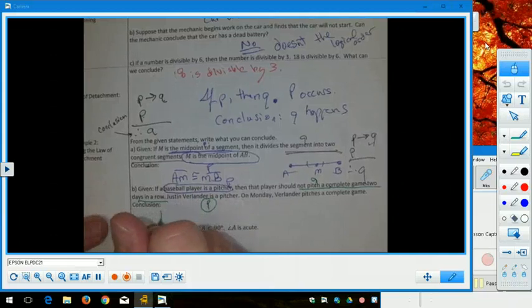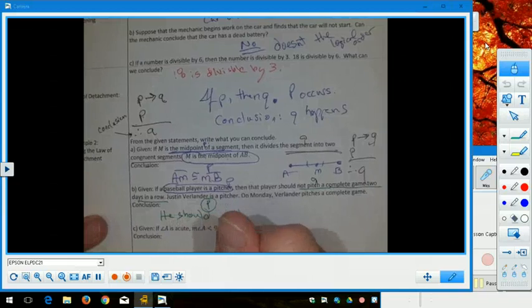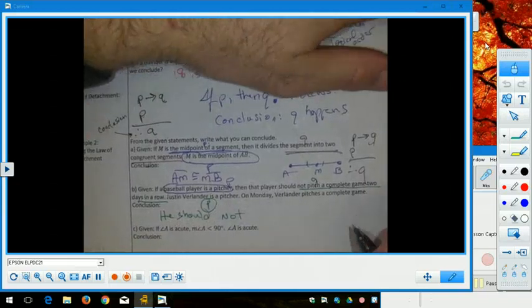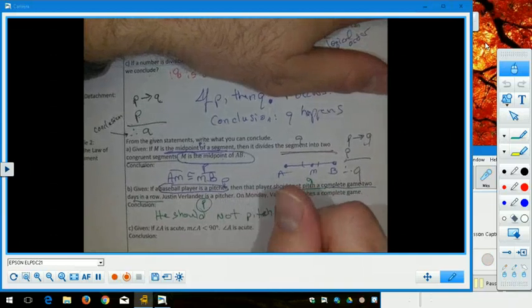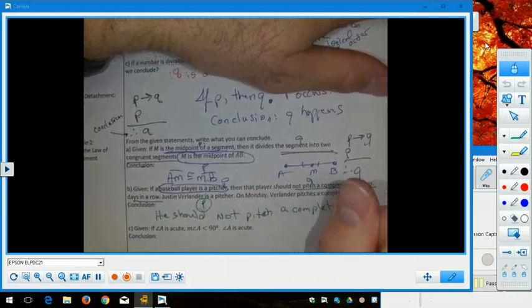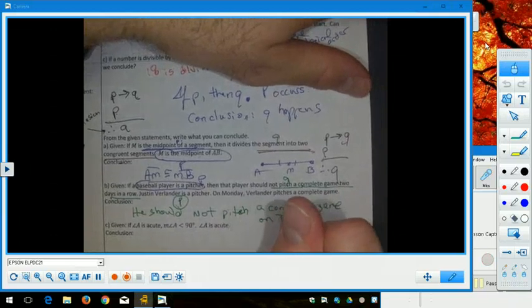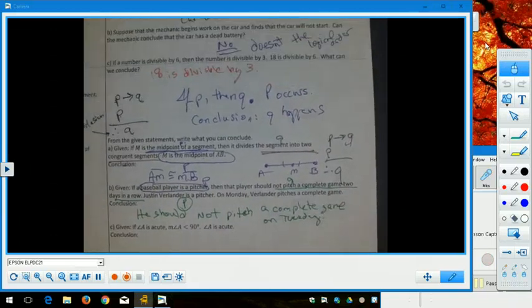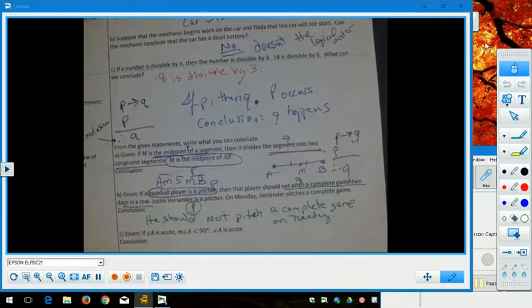Conclusion, he should not pitch a complete game on Tuesday. It's following the order of the sentence. We're just following the order of the sentence.